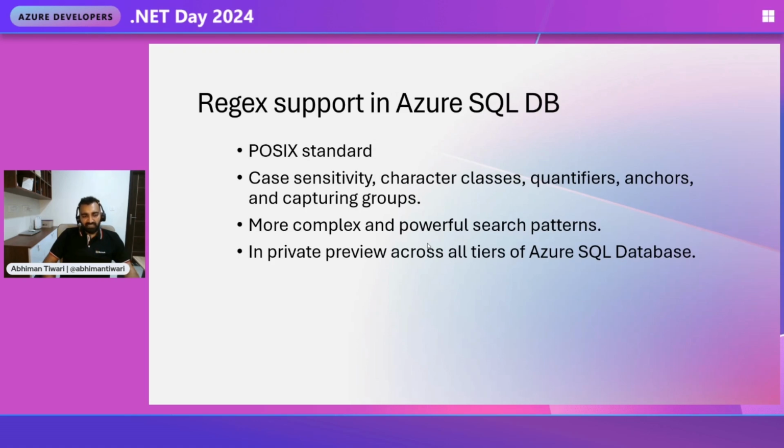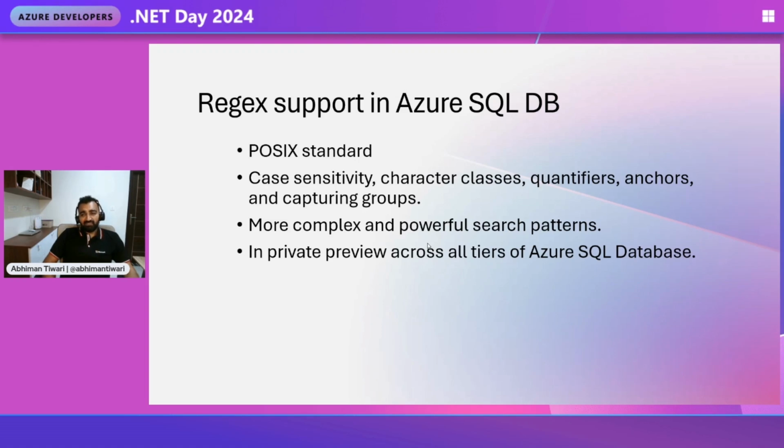Conventionally, SQL aligns with the ANSI standard, but our regex implementation follows the POSIX standard because POSIX is more widely supported, widely used, and it's the standard across front end and back end. You name any library, the majority of them follow the POSIX standard. So we wanted to align with that.